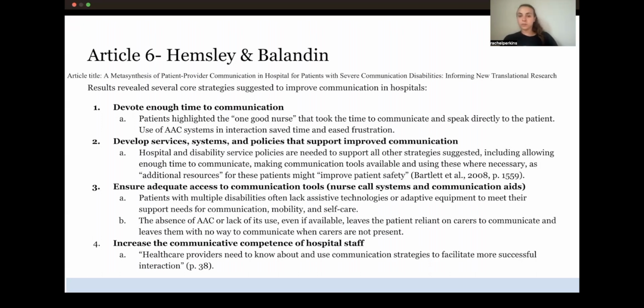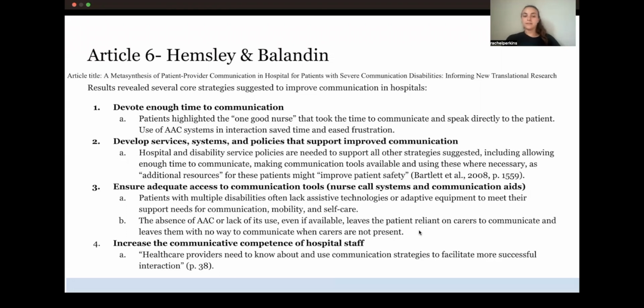So having the hospital put those services and systems in place, and also ensure adequate access to communication tools. Patients with more complex disabilities often lack assistive technologies or adaptive equipment.